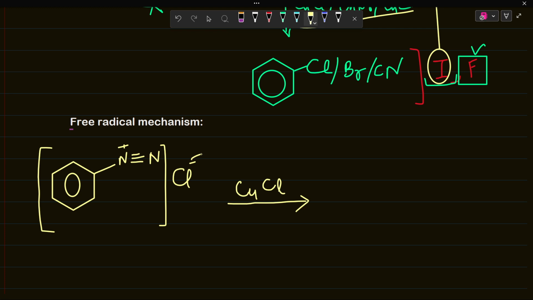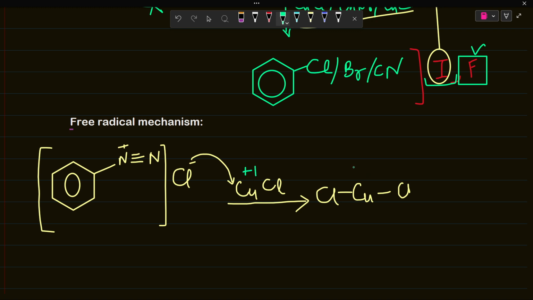What happens is that this Cl forms a bond with this Cu. It gives us something like this: Cu bonded to Cl on this side as well. This Cu was first in +1 oxidation state.